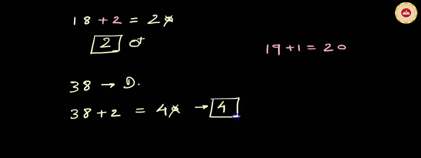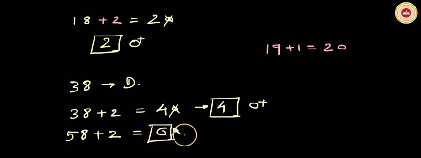This 4 is the positive osculator for the given divisor 38. Third example, if it is 58, add 2 to this 58, you get 60. Neglect this 0 and consider this 6 only. This 6 is the positive osculator for the given divisor 58.